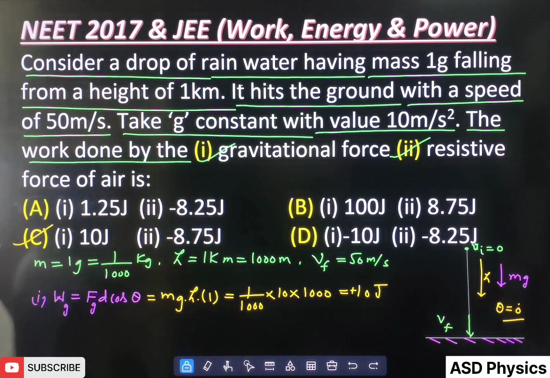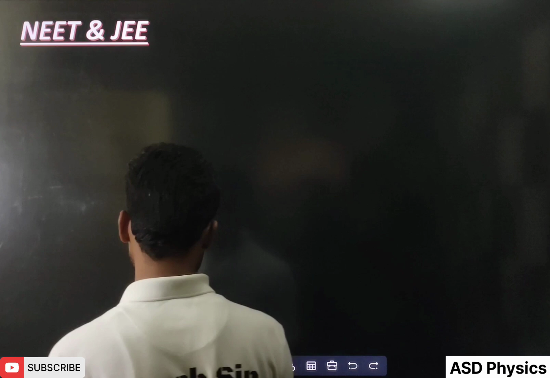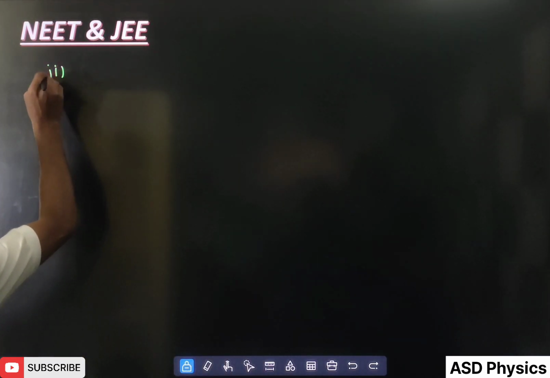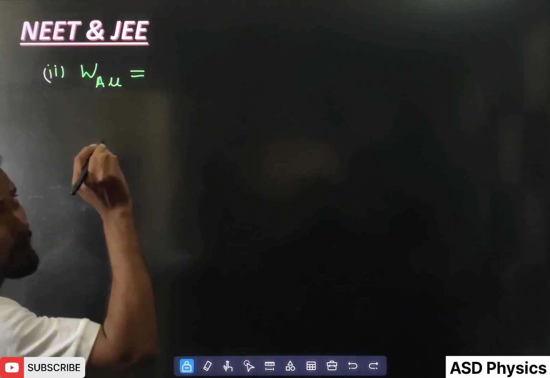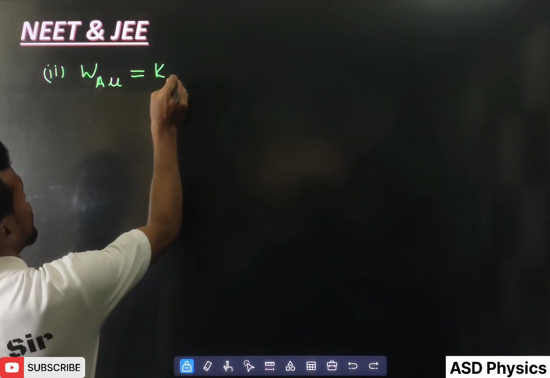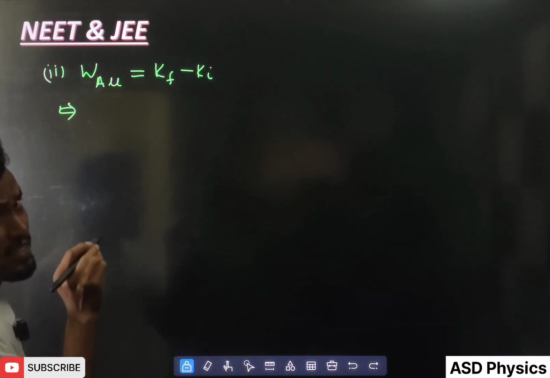But why is this work done by the air resistance negative? These basics are involved here. As I have told you, whenever air resistance is involved, we will use the work energy theorem. And what is the work energy theorem? Work done by all the forces is equal to change in kinetic energy. Which forces are involved here?